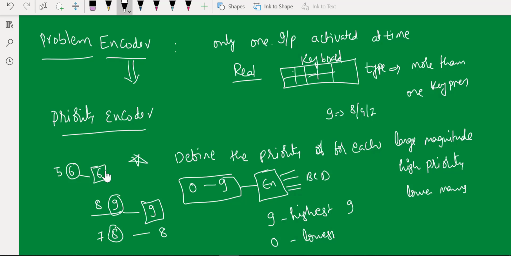To understand it, we will make a simple 4 input encoder with priority and without priority. First we will try without priority. Let's take a 4 to 2 encoder without priority. This is the simplest circuit one can understand first.